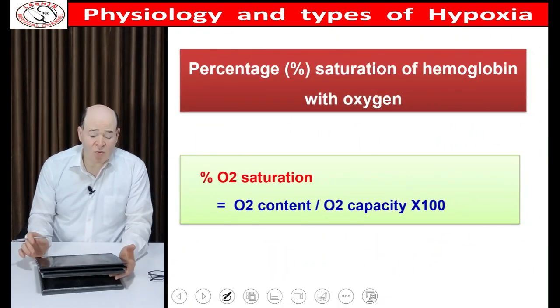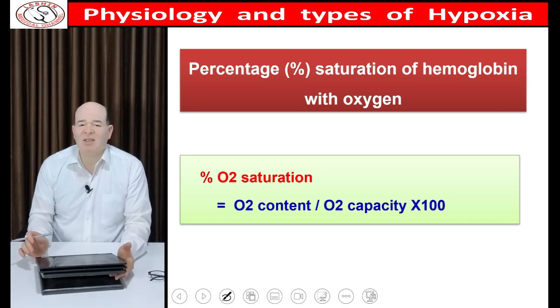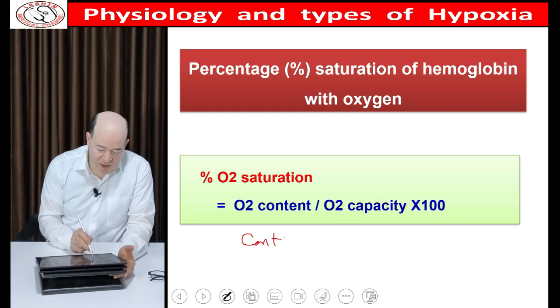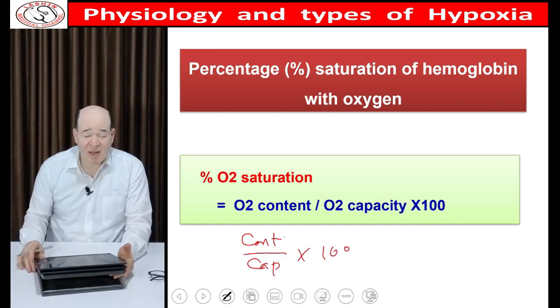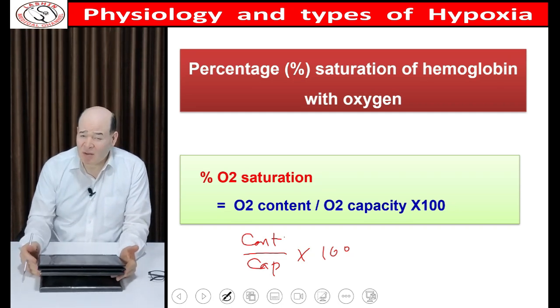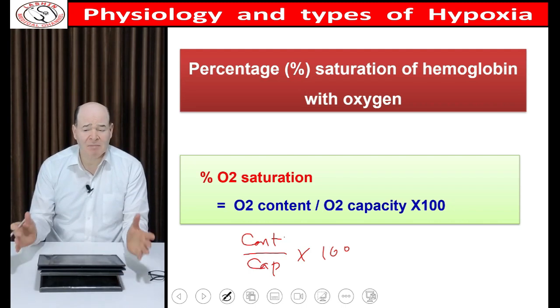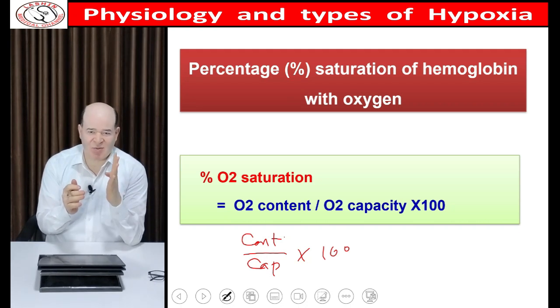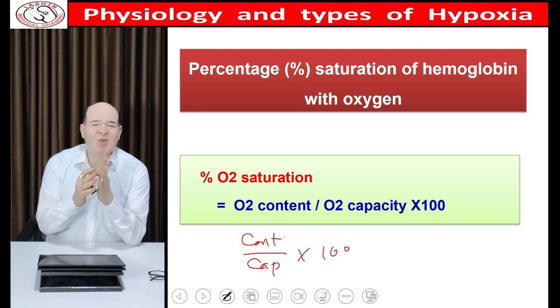We have also what is called percent saturation. Percent saturation equals the content over the capacity multiplied by 100. To simplify the concepts of the content, the capacity and saturation, take this simple example. If we have a taxi with seats for 4 persons, its capacity is 4.